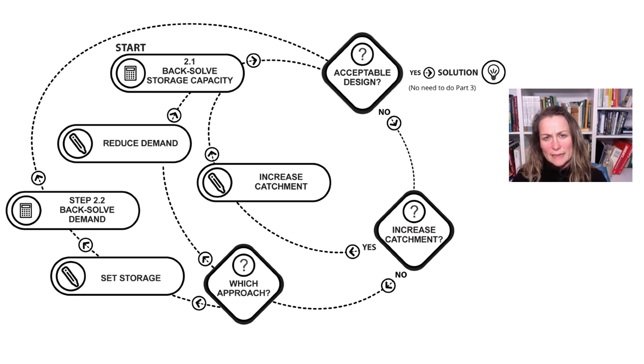And don't forget that although this was a relatively simple example and we didn't need to do a ton of iteration, there could certainly be scenarios where you have to go back and reevaluate the size of your catchment or reevaluate your demands. And that's where those step-by-step process diagrams are particularly useful. So keep those handy and look at those when you are iterating for a solution.